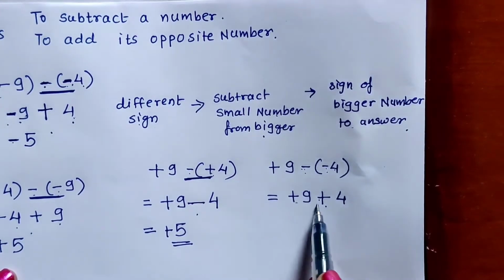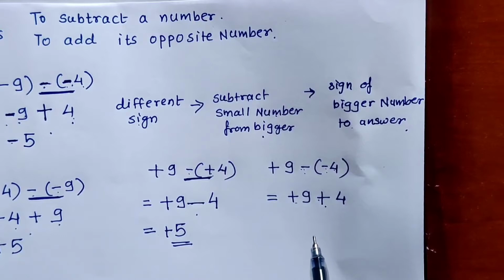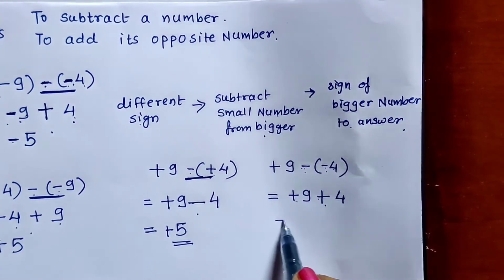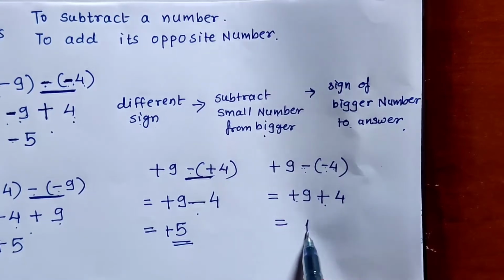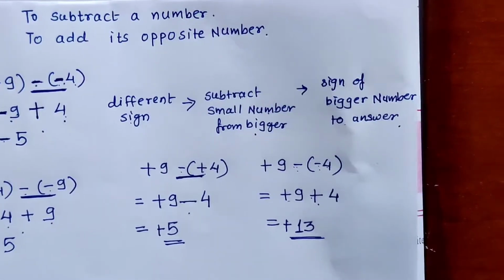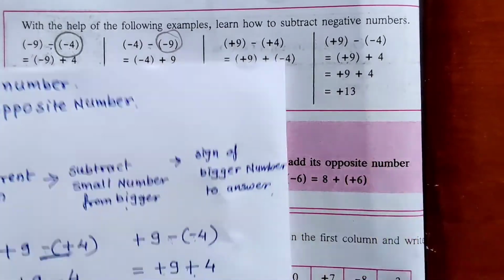Now both the numbers are having same sign. When same signs are there, what should we do? Same sign, we have to add the numbers and give the same common sign to the answer. That is the rule which we have seen last time. So 9 plus 4, answer is 13, and the common sign to the answer. So in this way we get plus 13 as the answer.